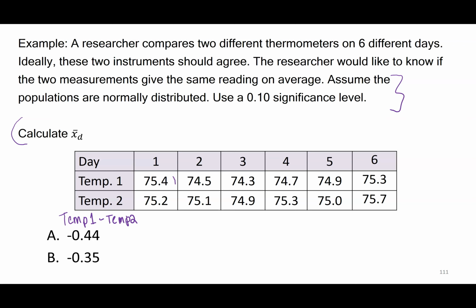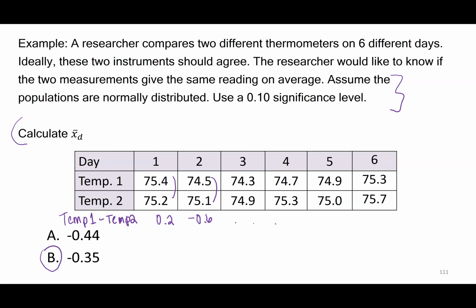Like here, that would be positive 0.2. For day 2, looks like it would be negative 0.6, and so on. There are 6 differences. Once you get those differences, find the average of them. So you find the 6 differences and you take the average.